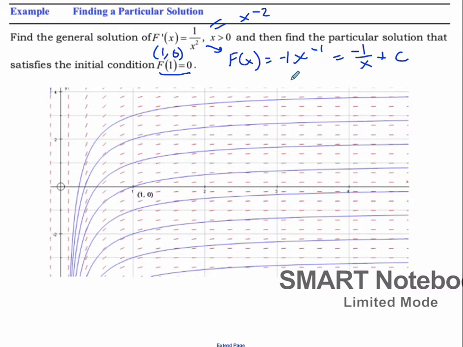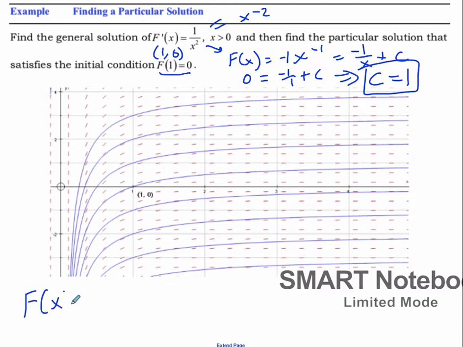Don't forget the plus c. The plus c matters in this case, because now we're going to plug in x equals 1, y equals 0. So we plug in 0 for the y value, and for the x value, 1. So that means that c has to be equal to 1. So the particular solution, or the answer to that integral, has to be f of x equals negative 1 over x plus 1.